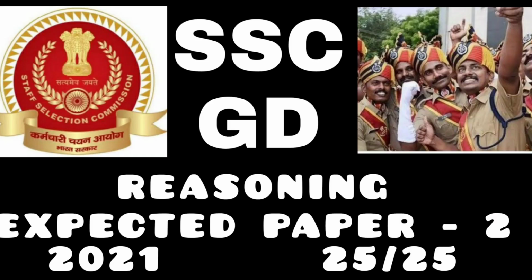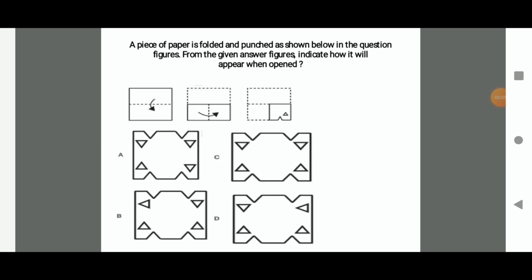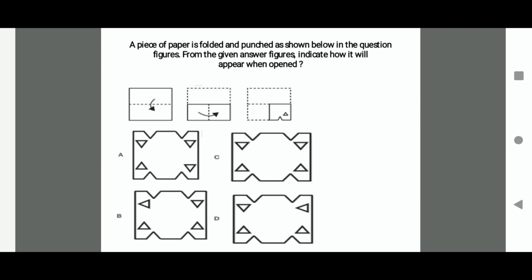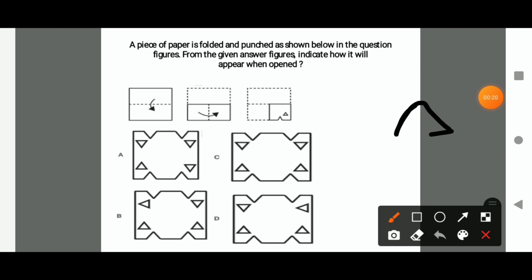Today we are discussing another SSC GD Reasoning expected paper. So let us go for the first question. This is the paper folding. The image is like this. So let us understand in this way. The triangle like this.